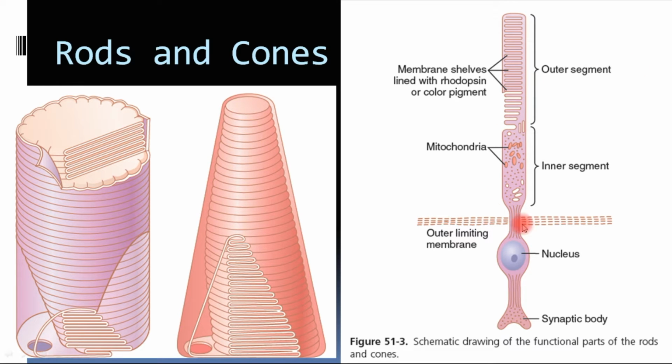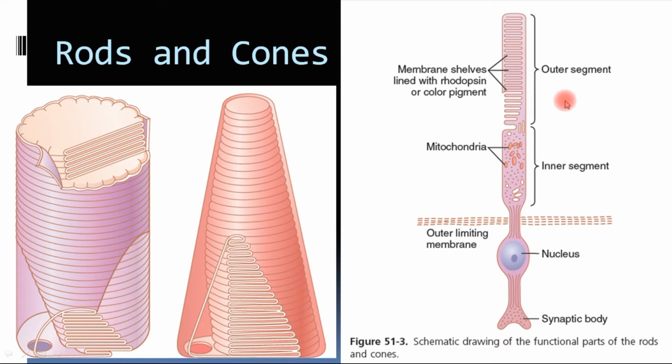Then coming to the inner segment. Why is it the inner segment? Because it is present towards the inner side of the retina. In this inner segment are present mitochondria and other cell organelles. The important aspect is that mitochondria are very necessary for the chemical reactions of the photochemistry of vision. The mitochondria provide the energy, the ATP, so that the reactions which convert light energy into electrical signals can take place.